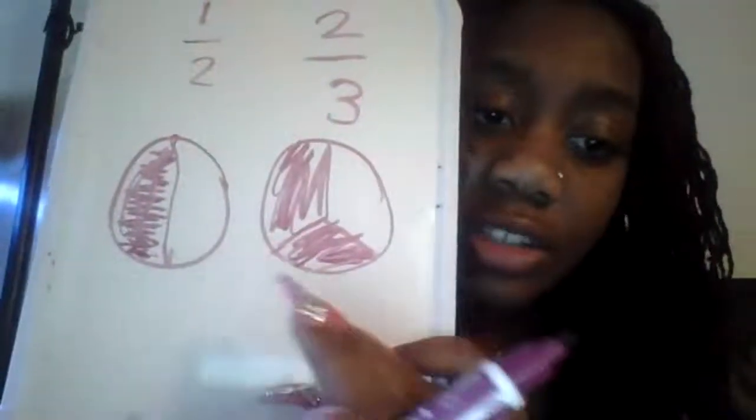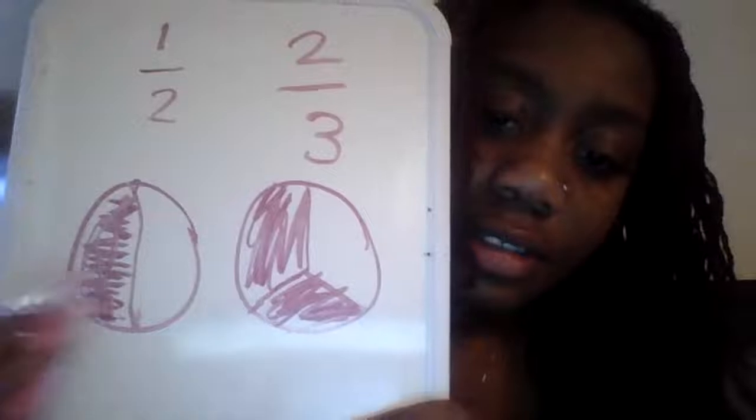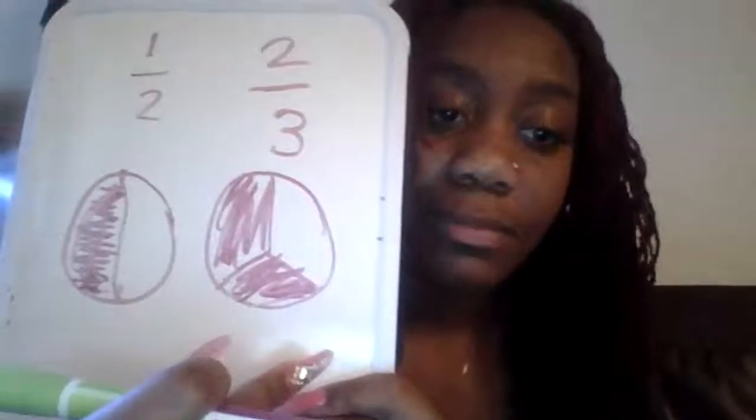You are correct. You see how more is shaded in 2/3 than there is in 1/2? That means that this is the larger fraction. Now let me show you an example where the numbers are larger, but the fraction is smaller than the other.